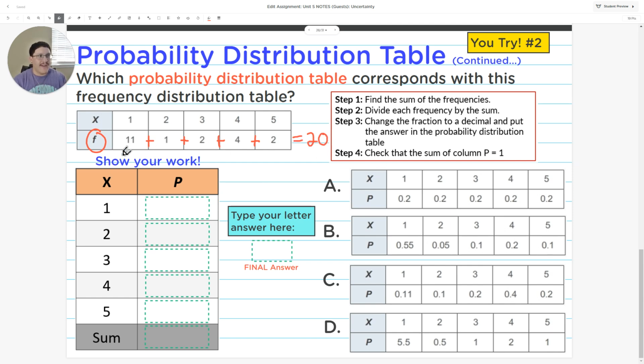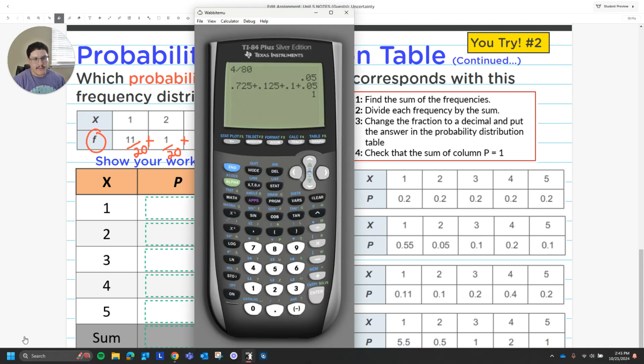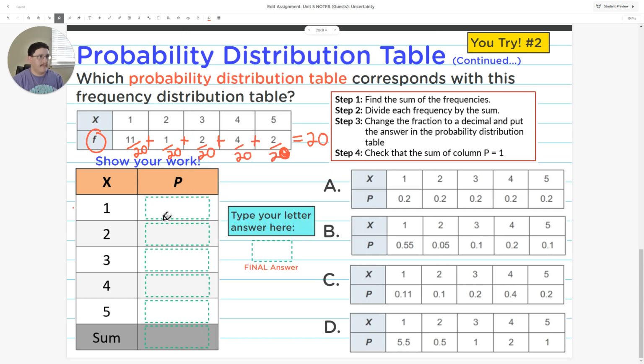I'm then going to take every single one of these and divide them, and that'll give me my probability. So divide each frequency by the sum, and then that will be my probability. 11 divided by 20 should be 0.55. 1 divided by 20, I believe, should be 0.05.